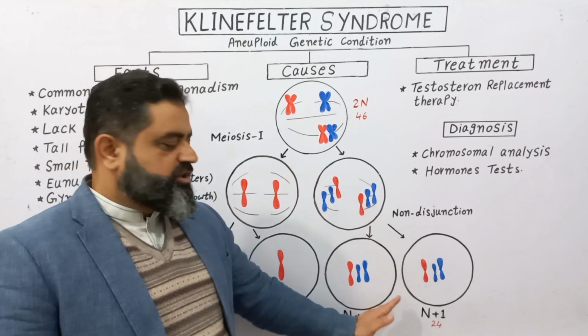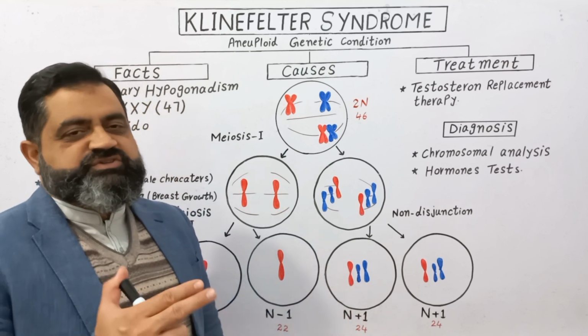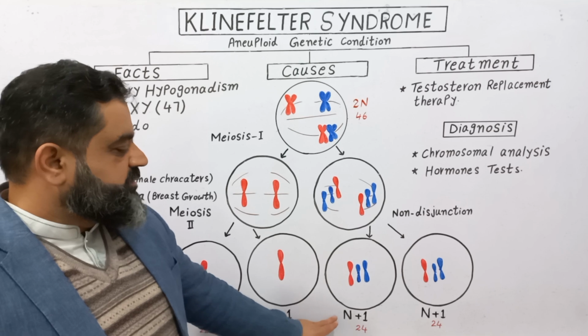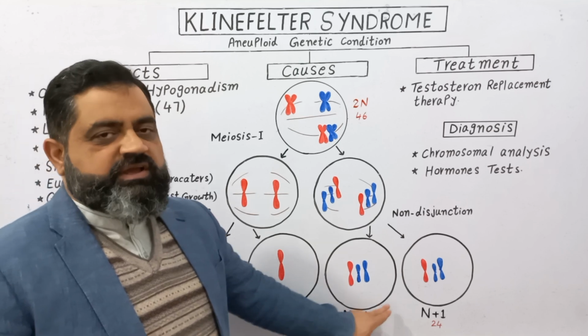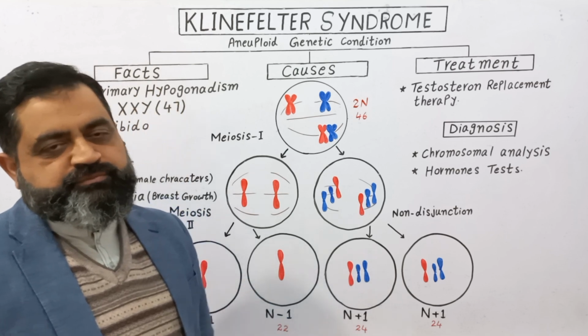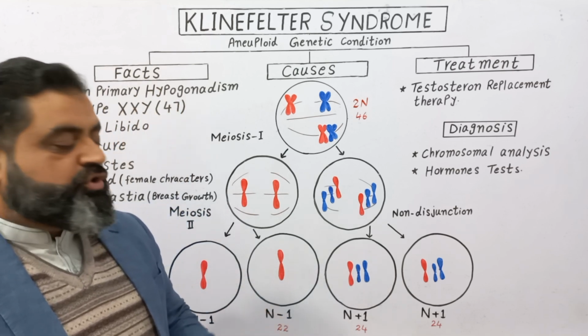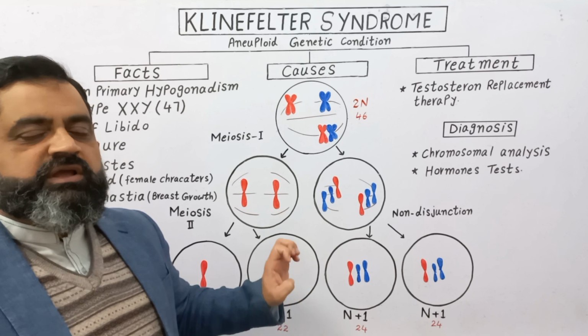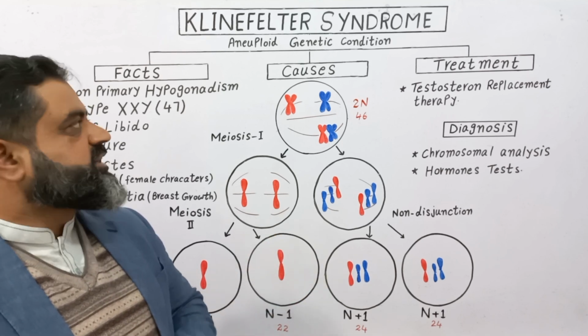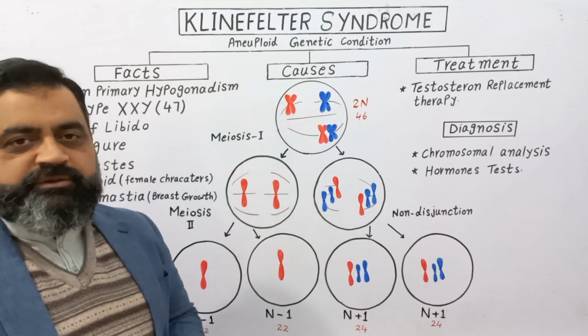The resultant daughter cells will contain one extra chromosome, and these gametes will contain n plus 1 chromosomes, which is equal to 24. So all these gametes, either sperms or eggs, have an abnormal number of chromosomes. This condition is known as aneuploidy.